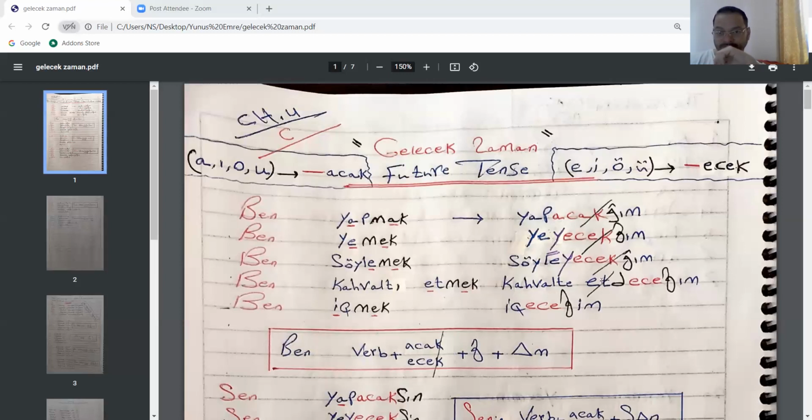Söyleyeceğim and kahvaltı edeceğim. Here we have another situation. Etmek, like here, but I said and wrote edeceğim, d instead of t, because when I have t and after that I write another vowel letter, t will be d, to be edeceğim.